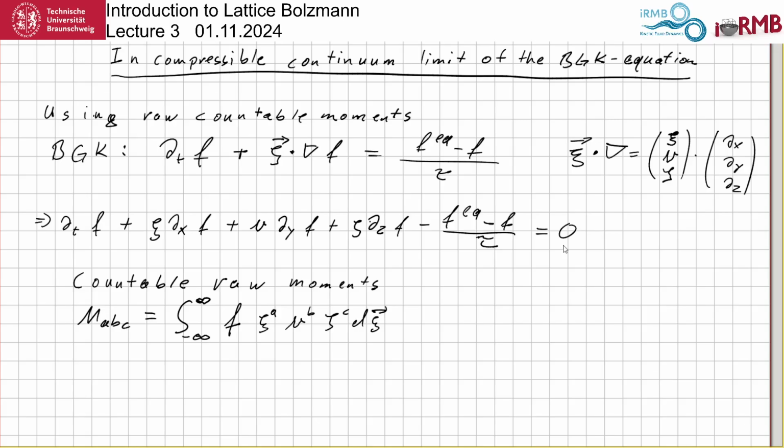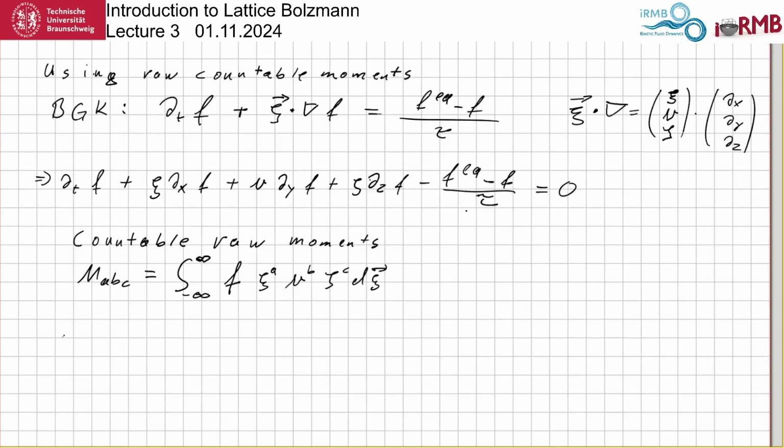I put everything on one side, which is probably not important, but if you integrate anything over 0, it will always be 0. So we get the moments of the BGK equation.